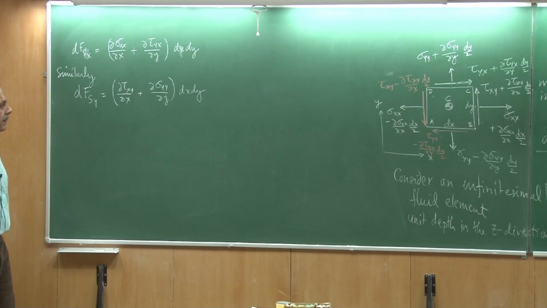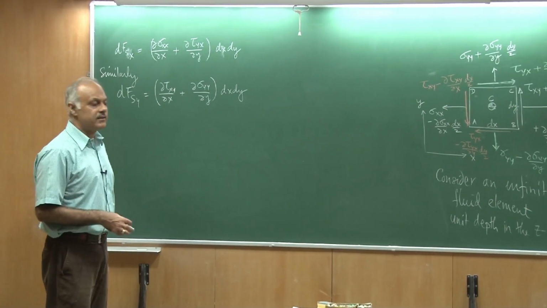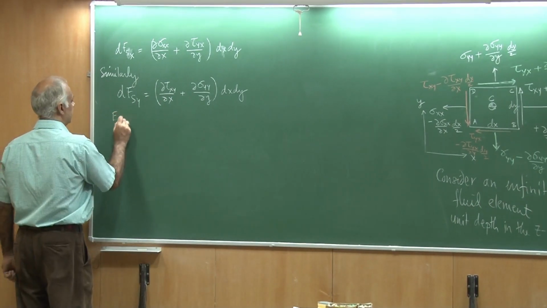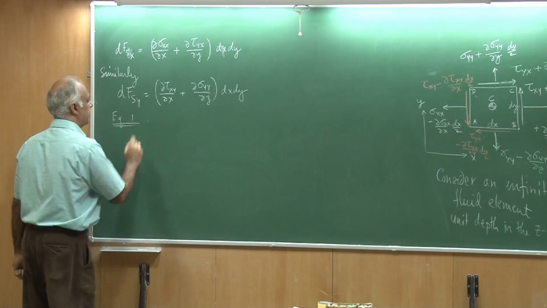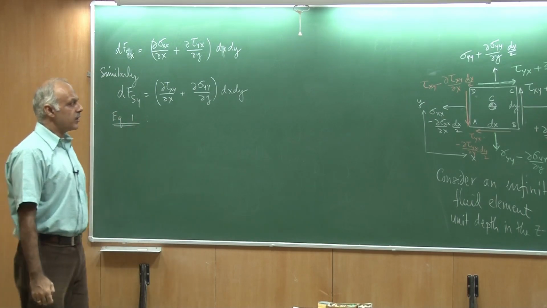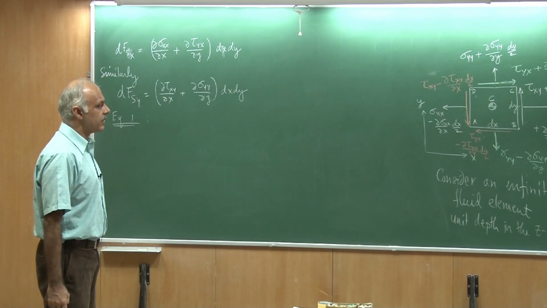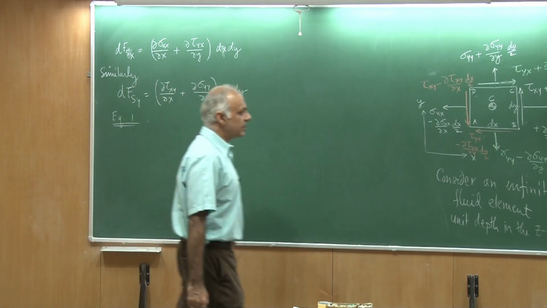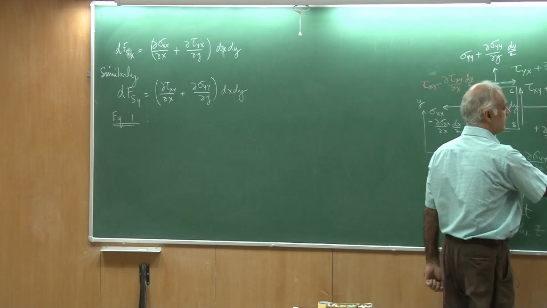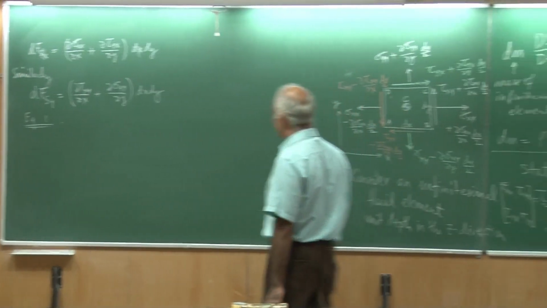Great. Now I go back to equation 1. What it tells me is I am going to substitute for dm as simply rho dx dy.